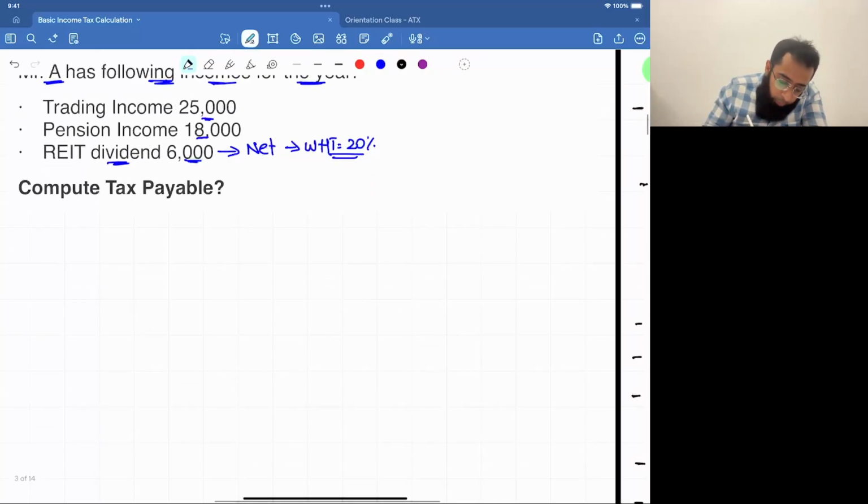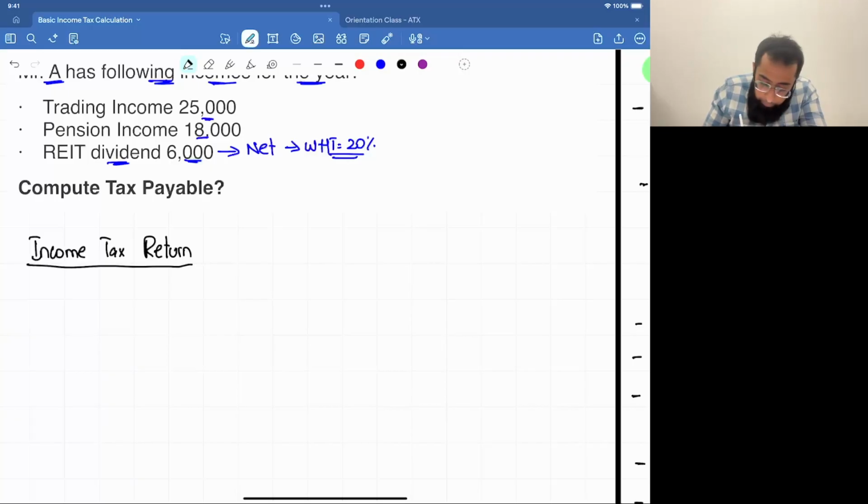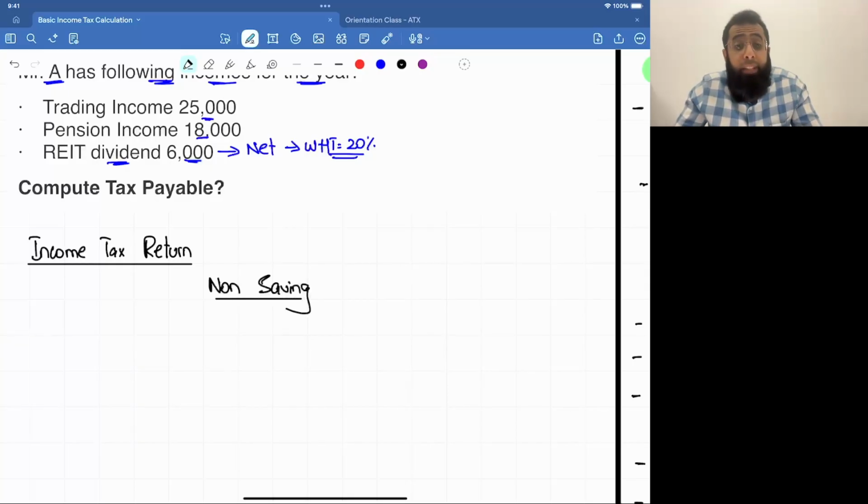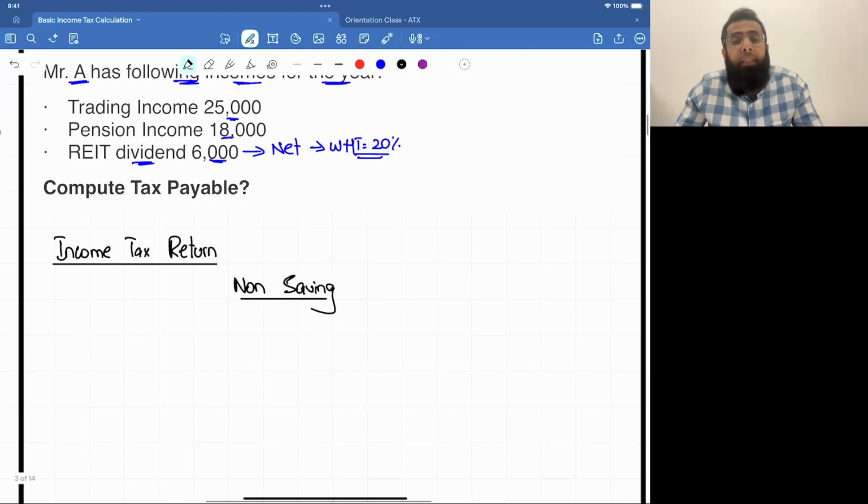It must be now very much routine. We are making an income tax return. Okay. So it's non-saving income. There is no interest income or dividend. Sir, there is dividend, real estate investment trust dividend. But it's not treated as a dividend for tax purpose. They treat it as a non-saving income.